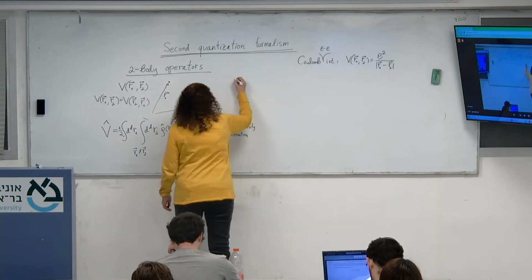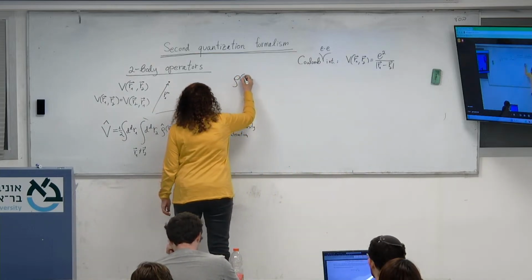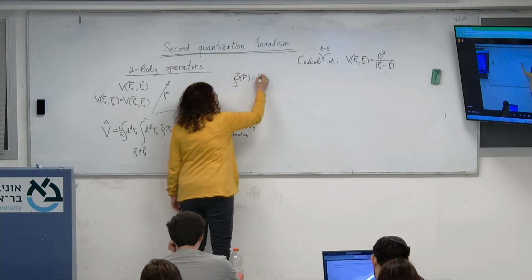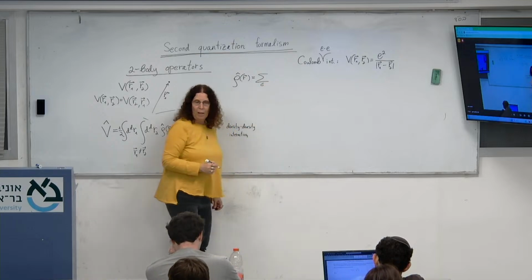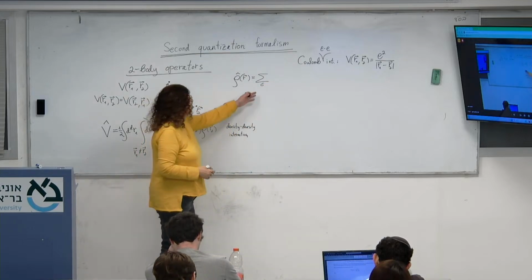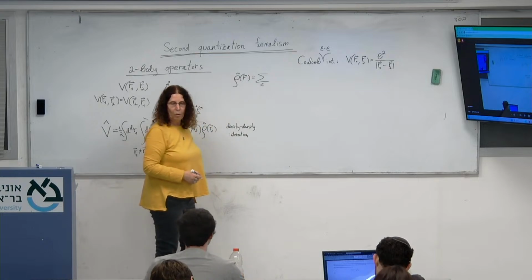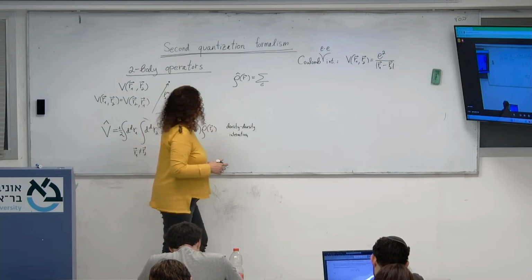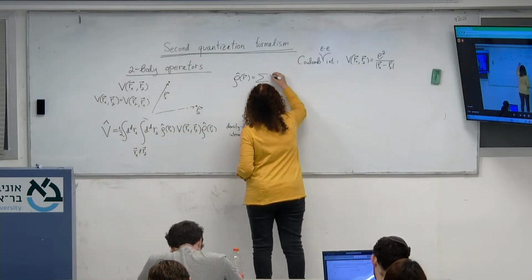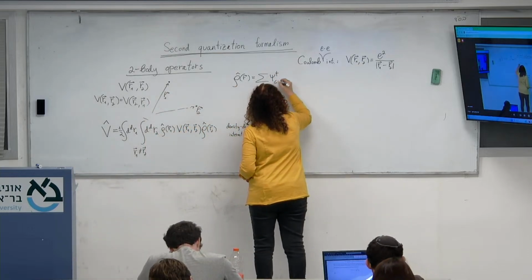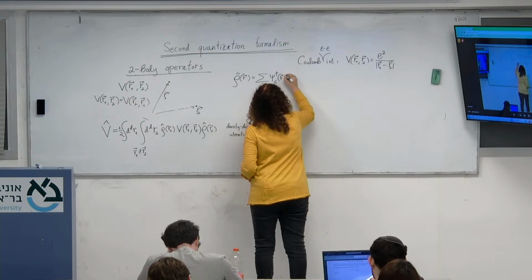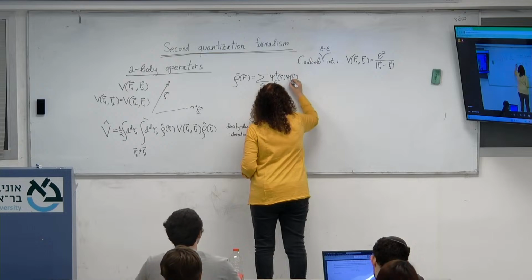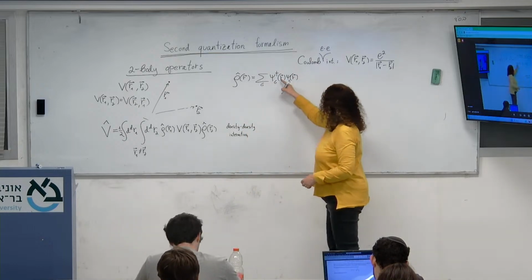So we recall that rho is, let me be more general and put a spin index here, which might be just one, or plus half and minus half. It can be some internal degree of freedom. But it's diagonal in R.